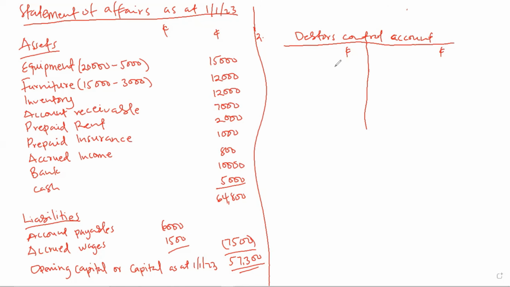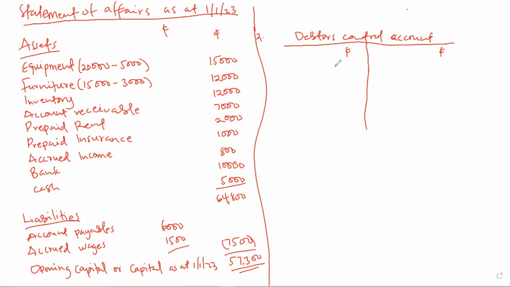The debtors control account is the same as the account receivable, so you can write account receivable account. Most important is making sure you're doing the right entries. We are going to use the account receivables to record the balances.